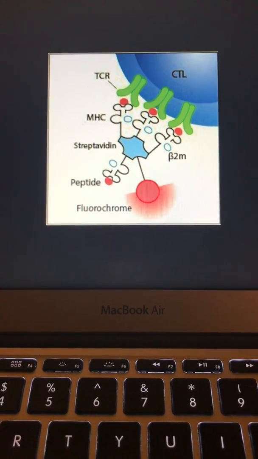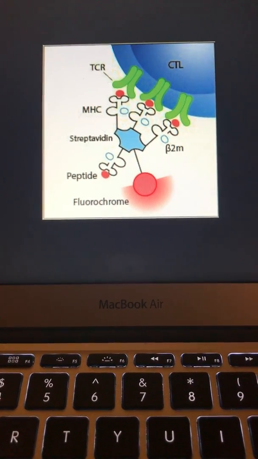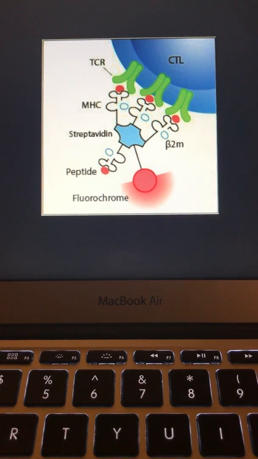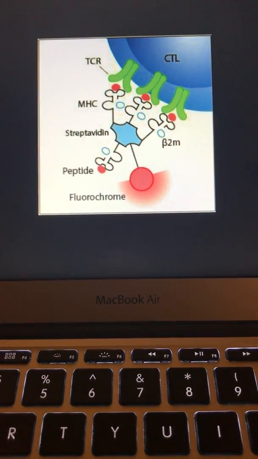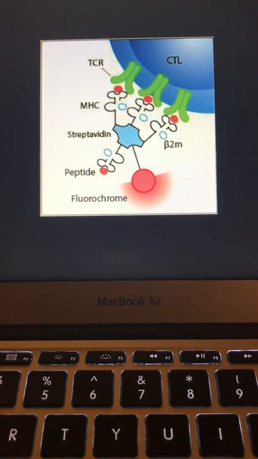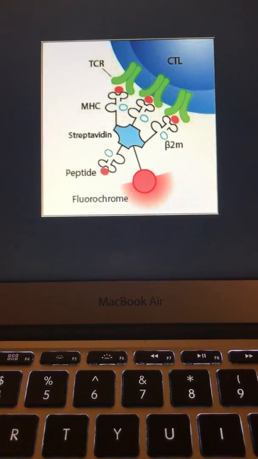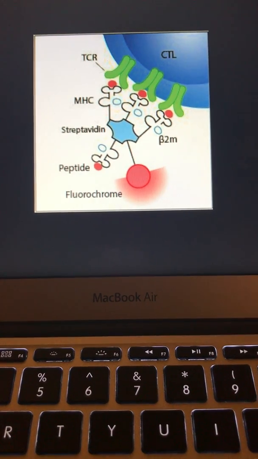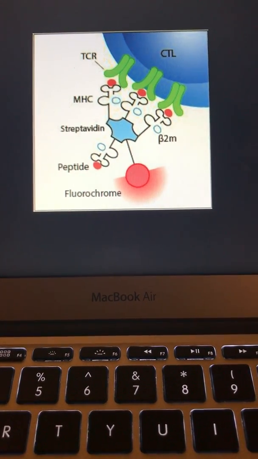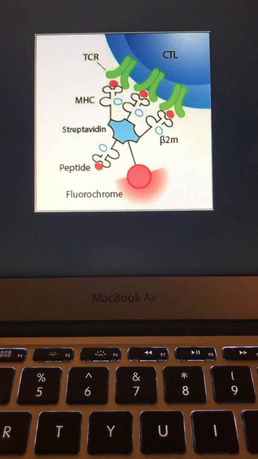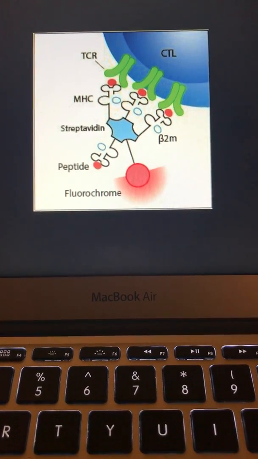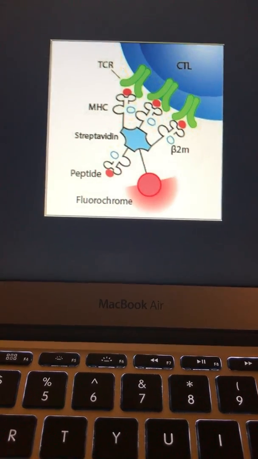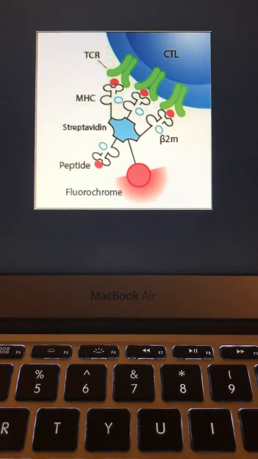These fluorescent molecules have the specific job of allowing the detection of antigen-specific T cells, and they do this by flow cytometry or fluorescent microscopy. I know I've been saying a lot about tetramers.